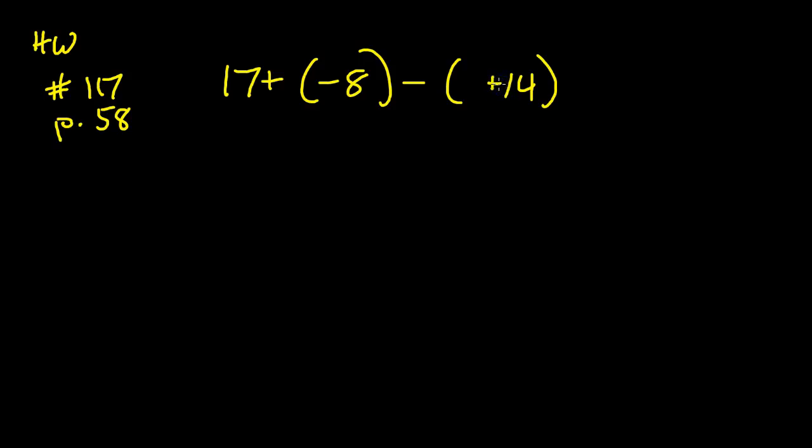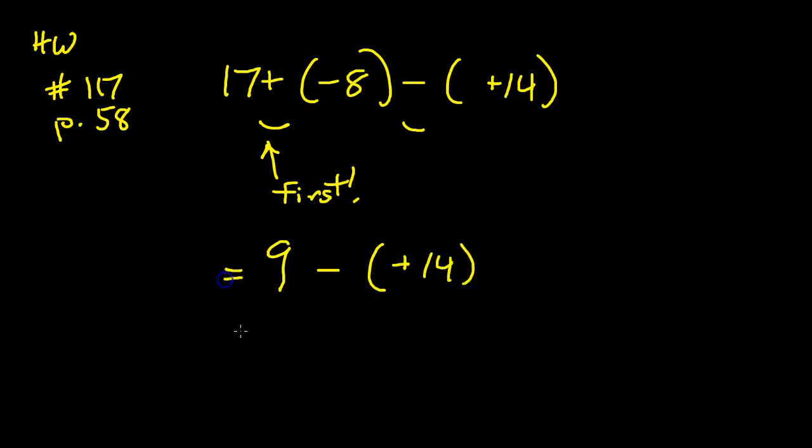All right, so we've got three numbers here. We've got an addition and then a subtraction. Of course, we'll do this first in order from left to right. 17 plus minus 8 is, of course, positive 9. And then 9 minus positive 14, well, that's just 9 minus 14, isn't it?